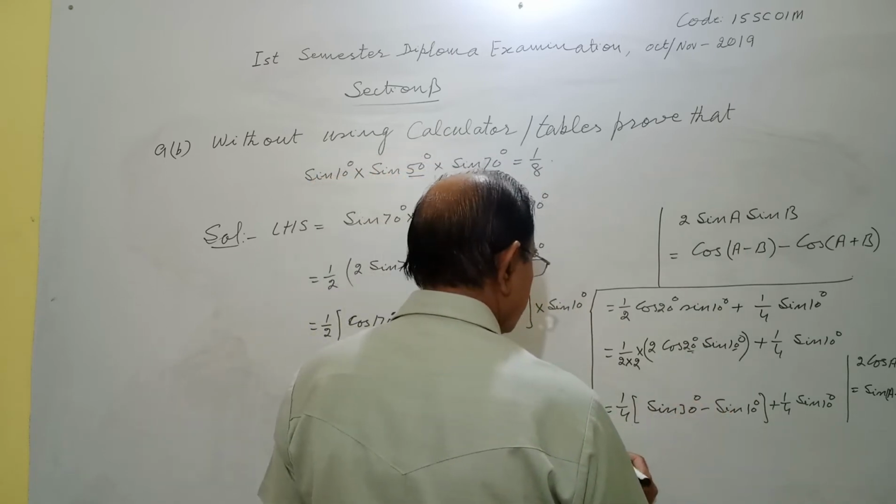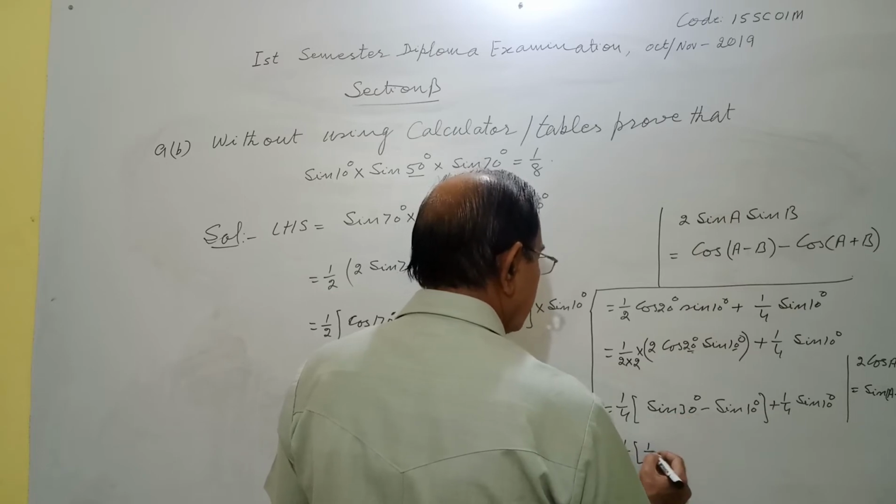Expand it, 1 by 4. This sin 30 is 1 by 2.